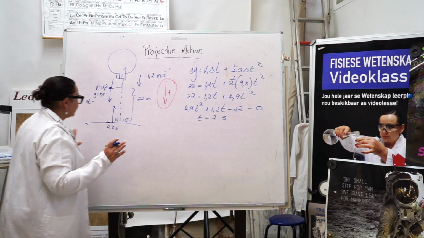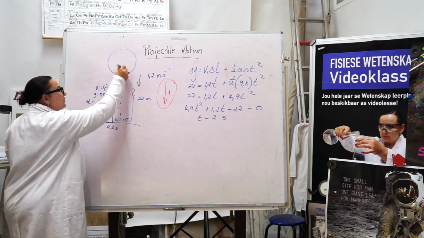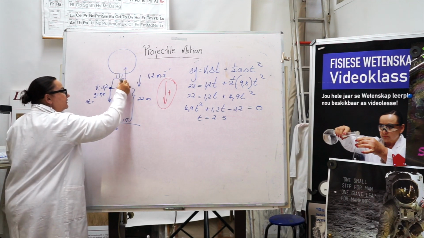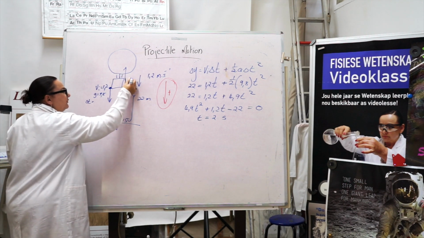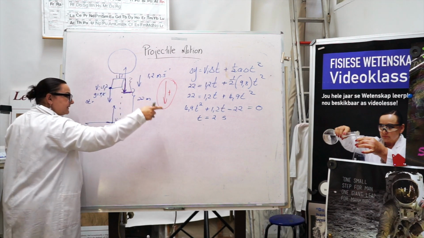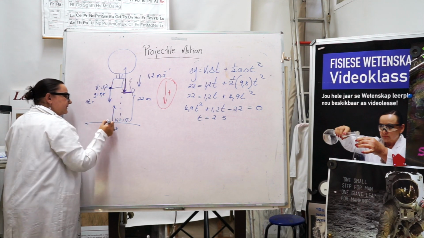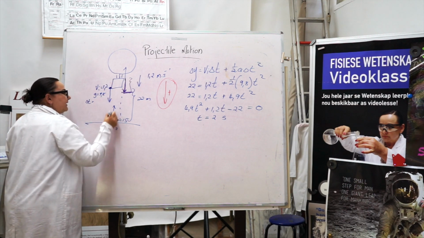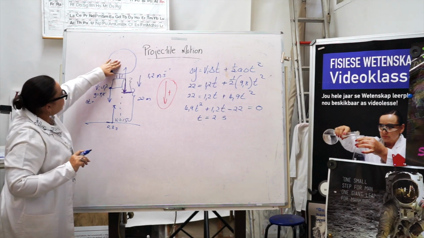They're saying, we want to know the height of the balloon. Now remember, the balloon is moving downwards. So what is the height of the balloon at the same time as the ball bounces back towards its highest point?